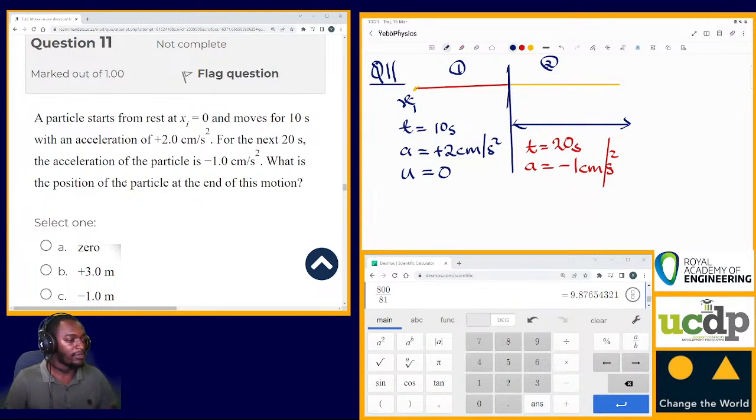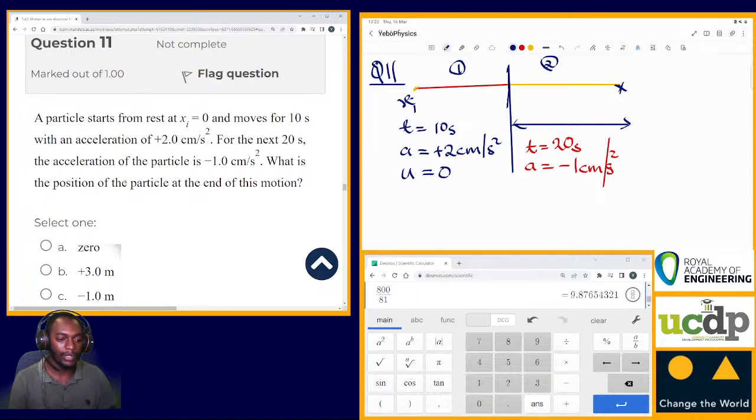The question is asking for the position of the particle at the end of this motion. So we are being asked to calculate the total distance traveled from x equals 0 until we get to the end of the journey. So what do we need to do there?